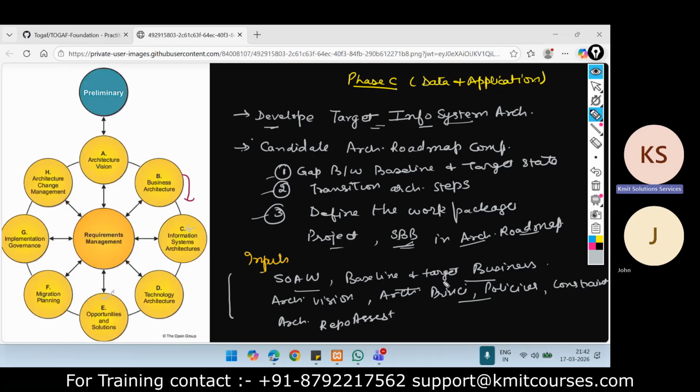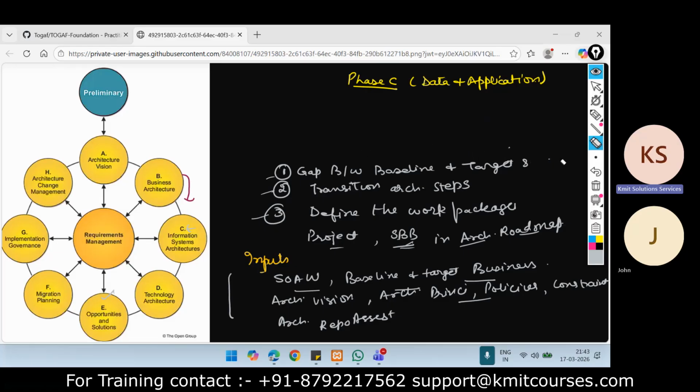Now, once you are having these inputs, what will be the output? Okay. So for the output, we are getting this information. Now we need to define the data schema, database schema. We need to create the applications.